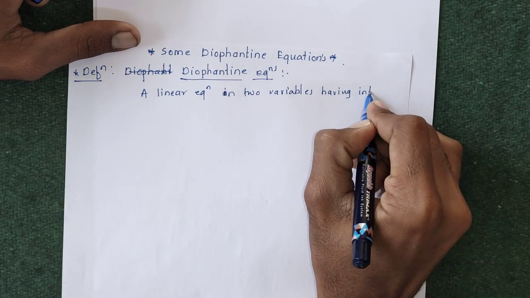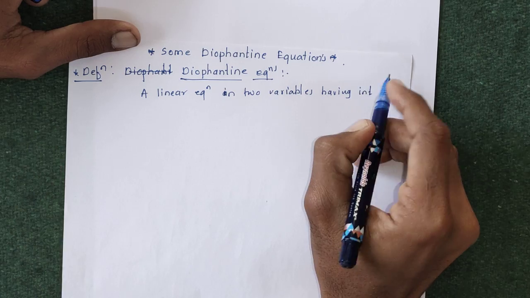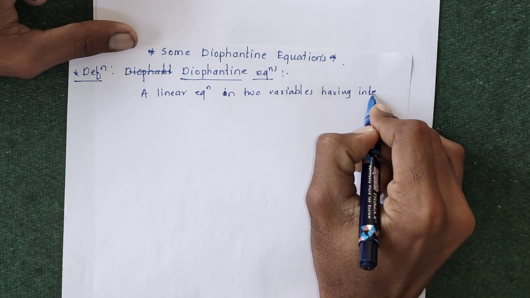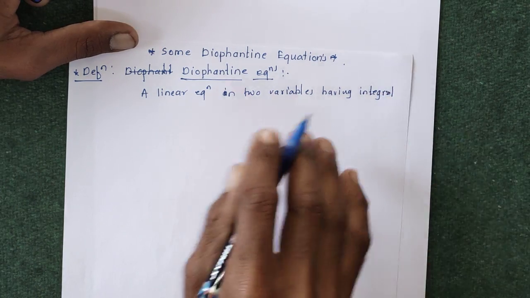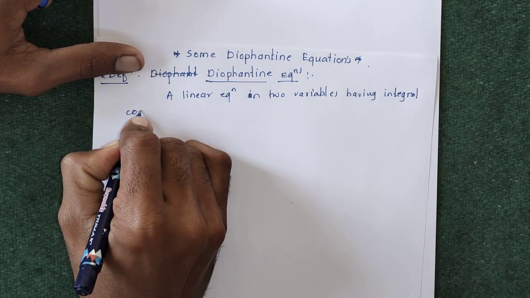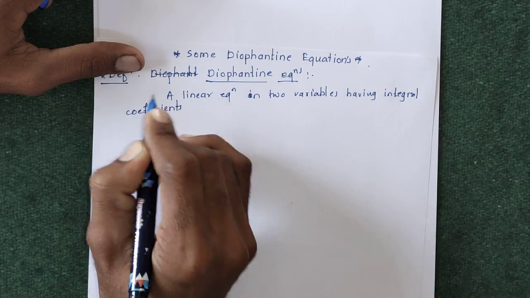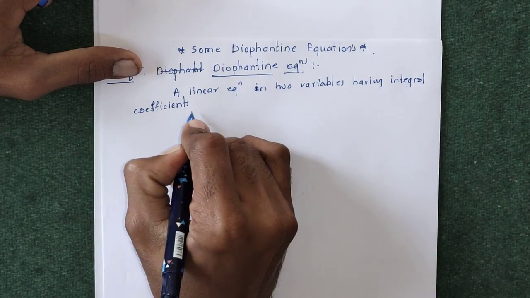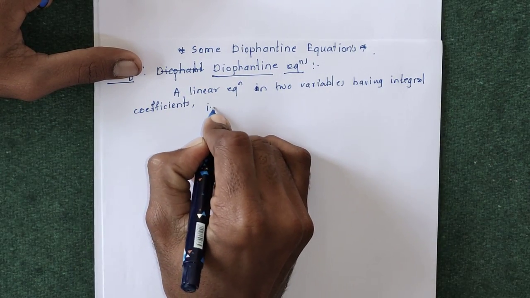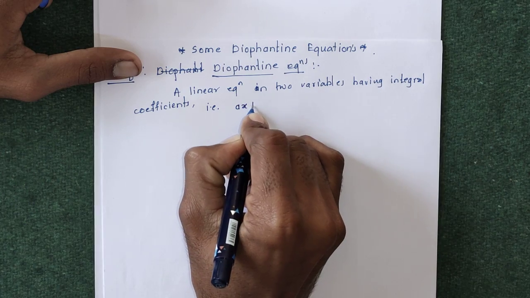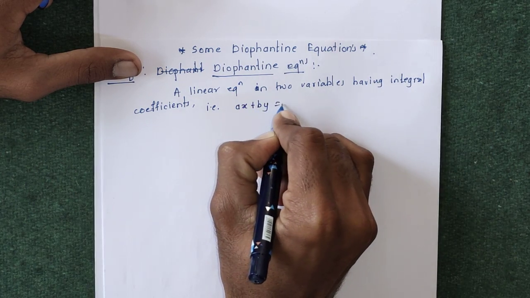That is, the coefficients of x and y must be integers. So that is the equation of the form ax plus by equals c.